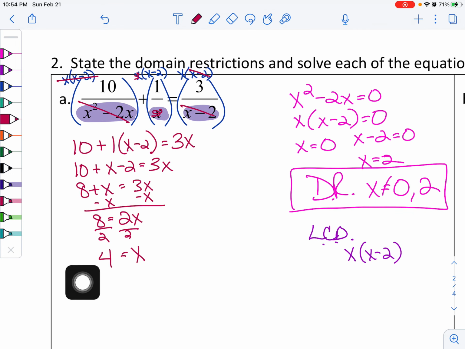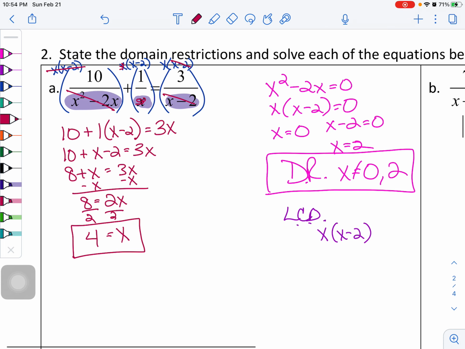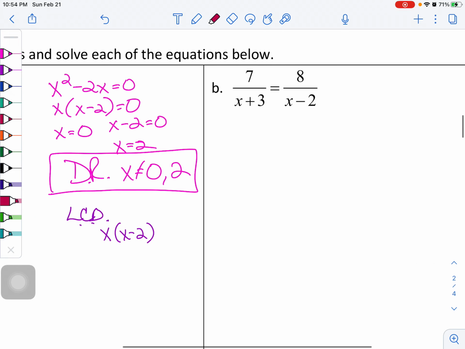Maybe. Because now what I need to do is take a look, is this solution one of the values I had to throw out of my domain? So I had to throw out 0 and 2. That's 4 is fine. So my solution is x is equal to 4 with the domain restrictions of 0 and 2. So that's problem number 2, part A.